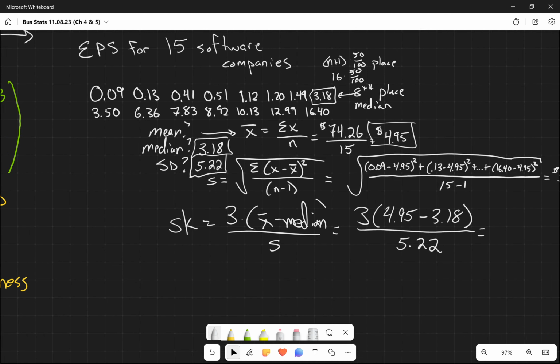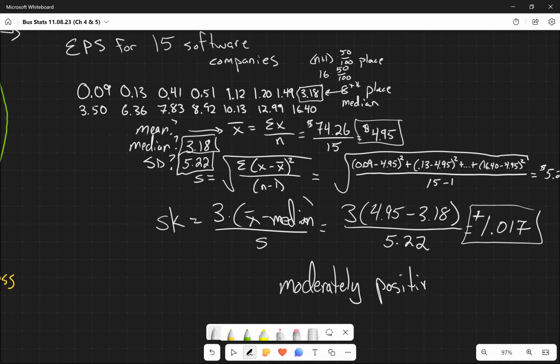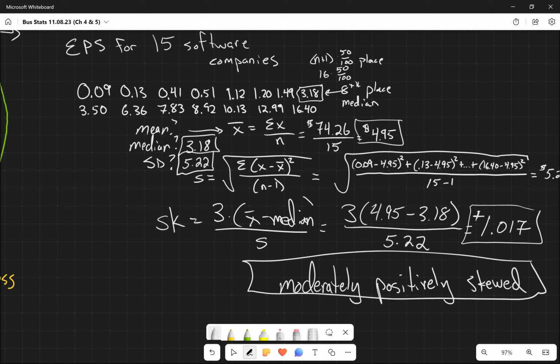This gives us a coefficient of skewness of 1.017. We don't have to, but we can put a positive sign in to remind us this is positively skewed. We would say it's moderately positively skewed.